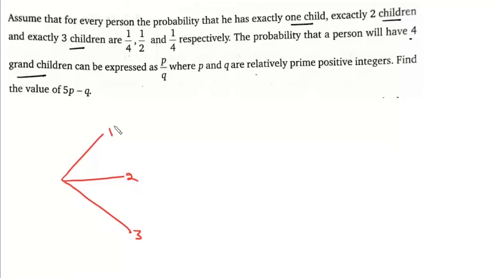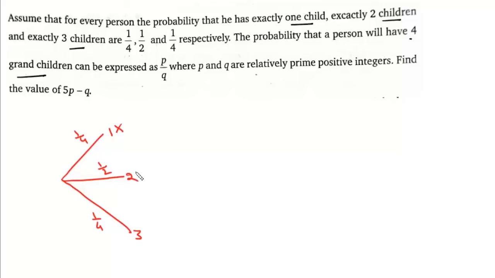Now if it is 1 child, probability is 1/4. For 2 children it is 1/2 and for 3 children it is 1/4. Now he is supposed to have 4 grandchildren. Now with 1 child he cannot have 4 grandchildren. So we'll consider these 2 cases.